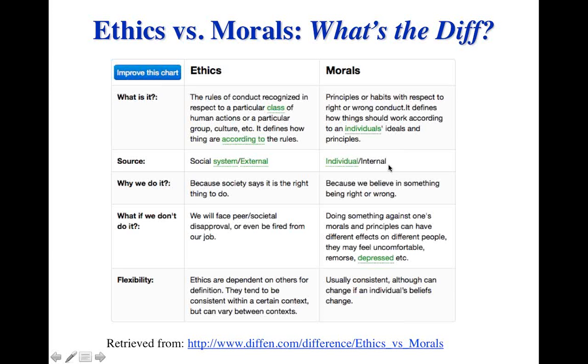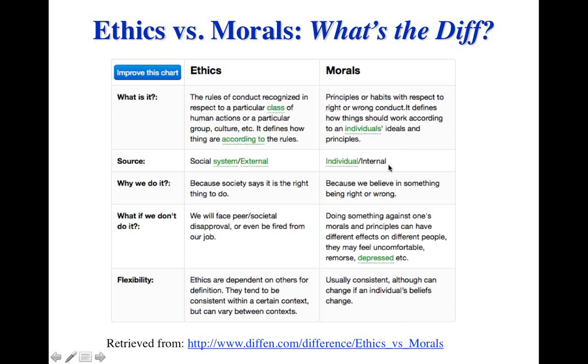If you're a cheater, that's not something you want to be, because that suggests that you're somebody who's not trustworthy, that you will do things to advance your own interest, even when they come at the cost of others' interest. So in that sense, with academic integrity, there are both ethical and moral reasons why it's problematic and wrong.